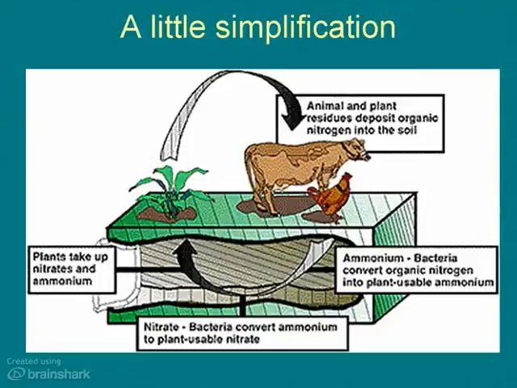Now, before we get into how nitrogen can be available or not so available, let's just look at a little bit more simplified version of the nitrogen cycle. Alright, so nitrogen is in all of us, both plants, animals, all living things. We have enzymes, we have proteins, so we're going to have those nitrogens.